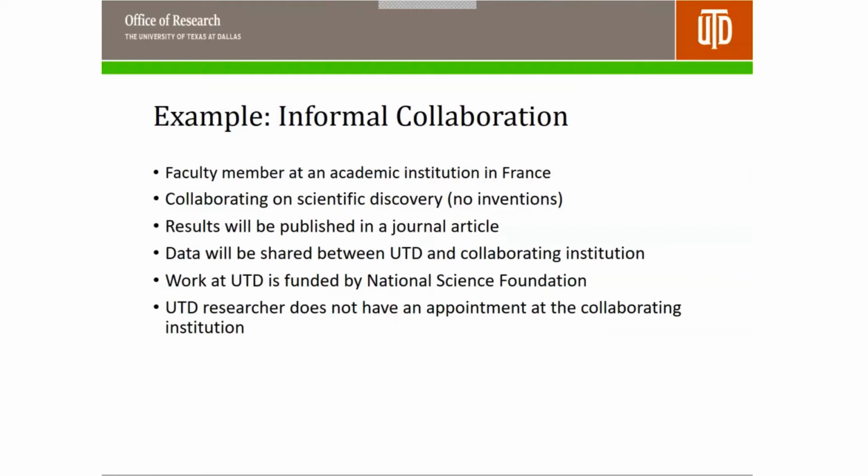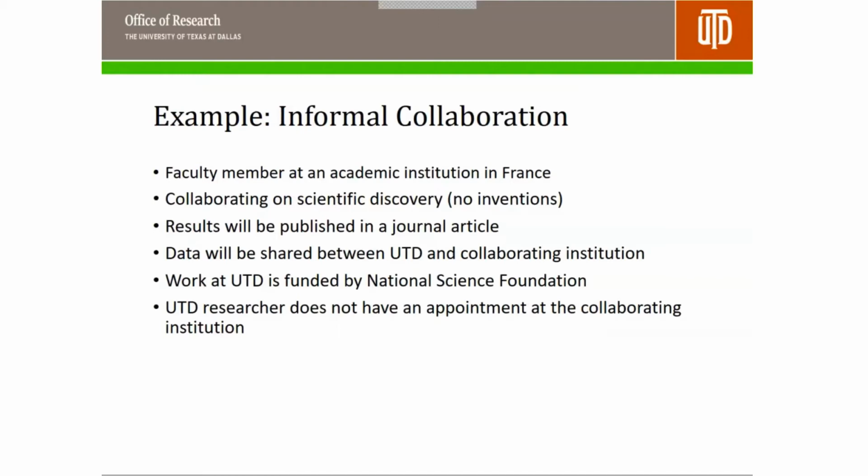The work at UTD was funded by the National Science Foundation, but the UTD researcher doesn't have an appointment at the collaborating institution. And this seems like a fairly straightforward example. Given that the intention of the collaboration is to publish a journal article, and it's the result of fundamental research, there doesn't really need to be an agreement that relates to this.